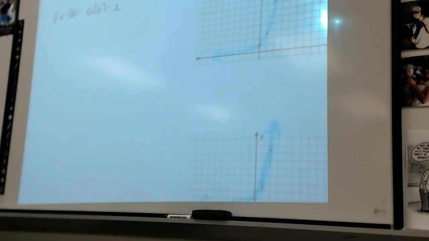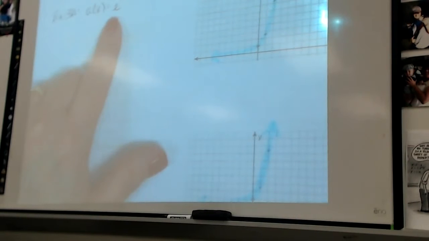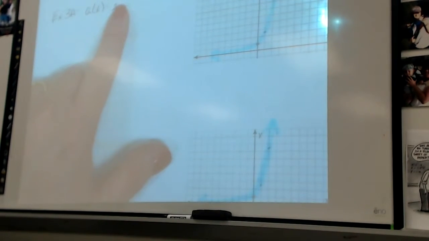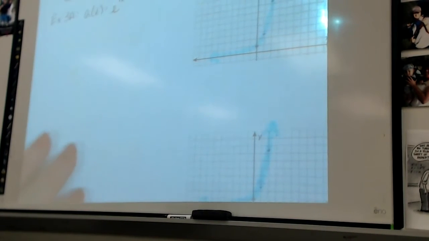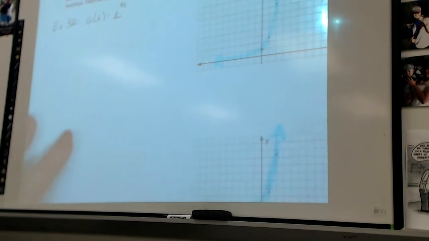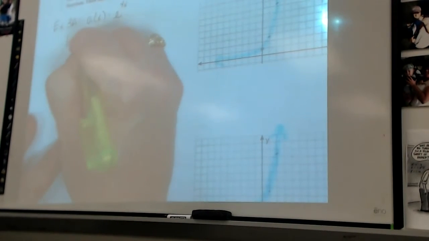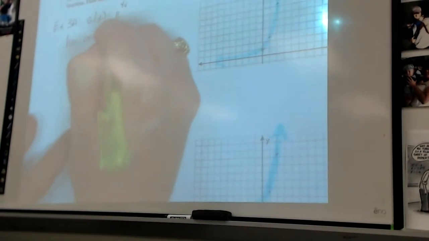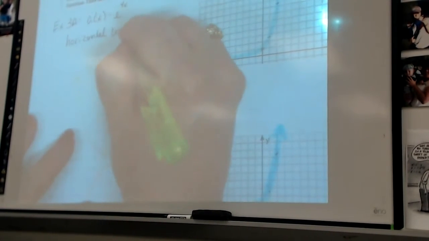So, how is that different from e to the x? It slides over right forward. Actually, it's horizontal compression. It's opposite the vertical. So this one is compressed horizontally by a factor of 4. Just put horizontal compression. It's good enough.